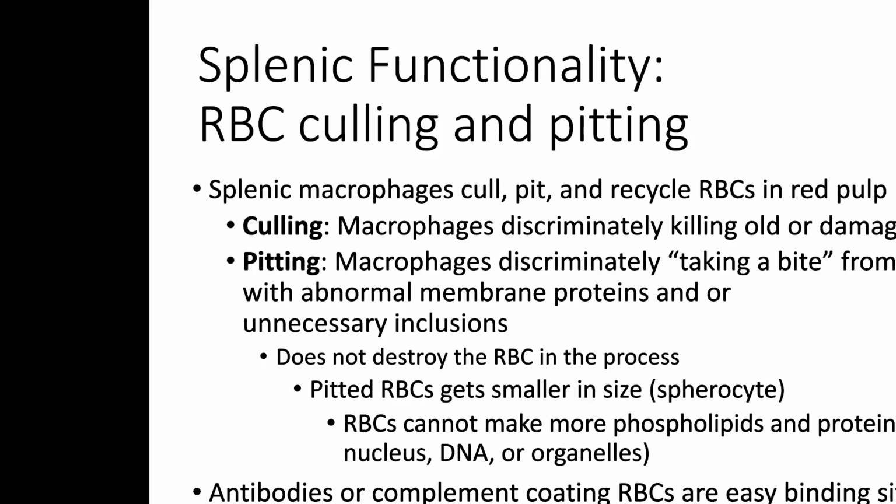By taking a little bite out of the red cells, the RBCs end up getting a little smaller in size. The reason they get smaller and don't just pop back into a regular form is because RBCs can't make any more phospholipids and proteins. Antibodies and complement that coat the RBCs make it really easy for macrophages to bind. This whole process of culling and pitting is part of extravascular hemolysis.